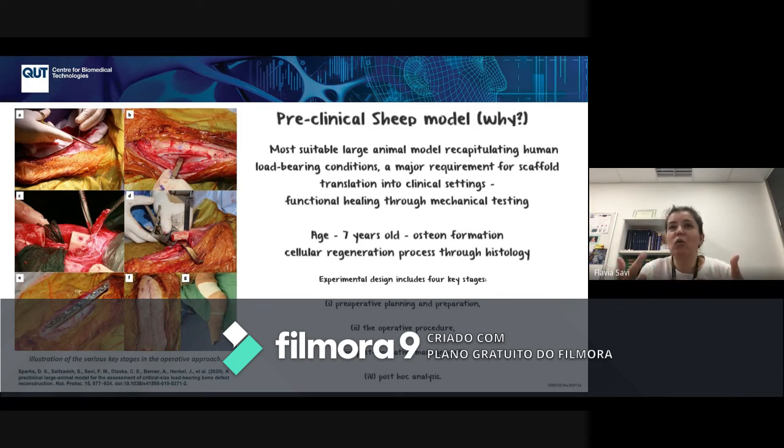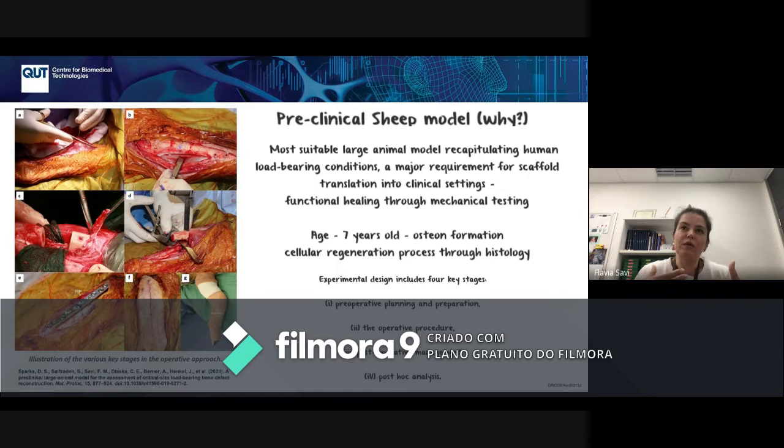When they are walking, they don't have too much load. So the healing is different when you have a lot of load and when you have little load. The sheep are bigger animals, and they are very similar to human conditions.